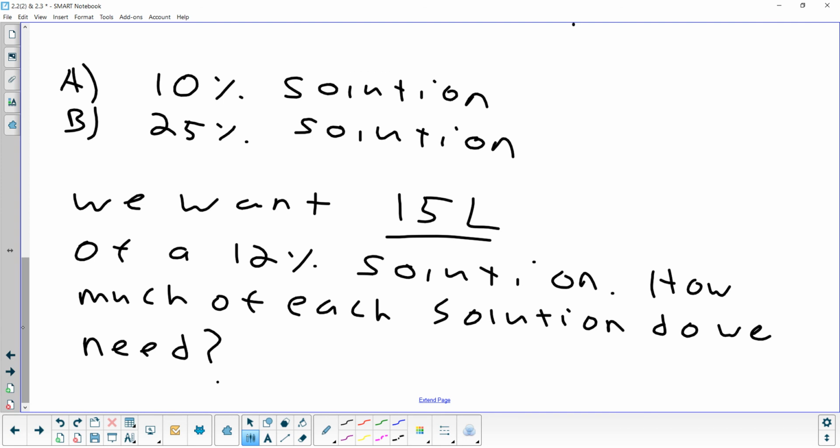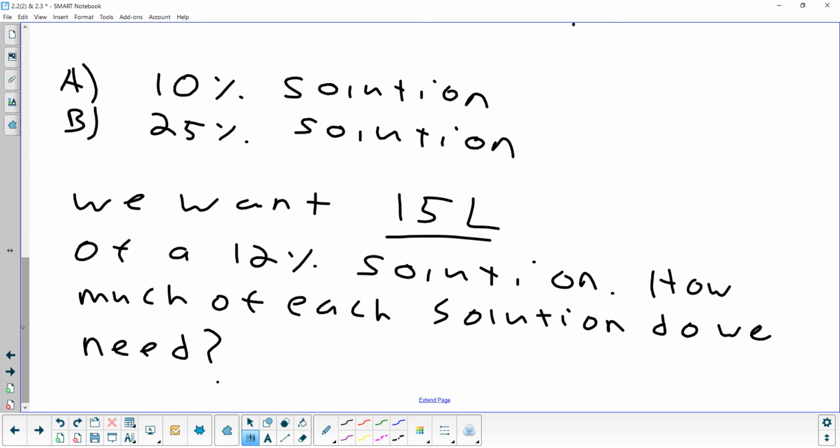So how are we representing how many liters we are going to use of the 10% solution? Any guess? How are we representing how many liters of the 10% solution that we need? Yep, would be 0.18. So that's a concentration.